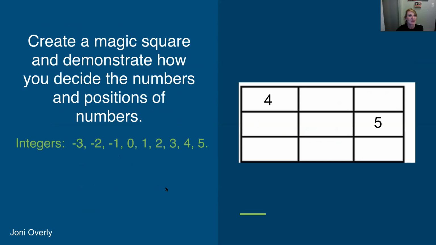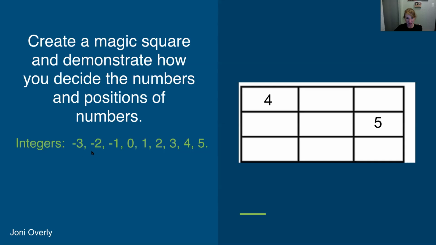Okay, so next we're going to create a magic square and demonstrate how you decide the numbers and their positions. So we have the integers -3, -2, -1, 0, 1, 2, 3, 4, and 5. The integers to be used in the square are given. We're going to find the sum of all the given integers.